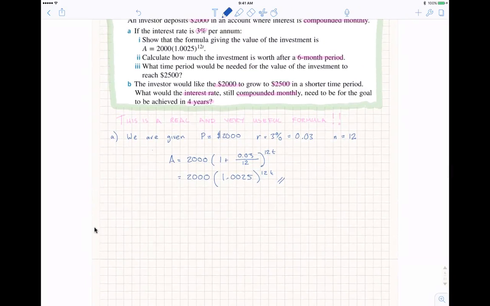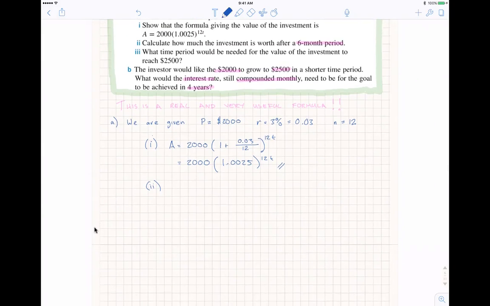The next part of that question is to calculate how much the investment is worth after a 6-month period. Now be careful here, because 6 months is half a year, and we are using units that are in years.